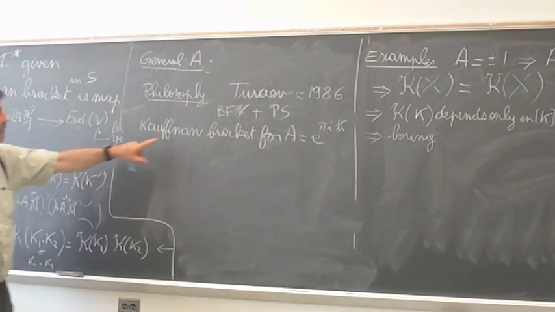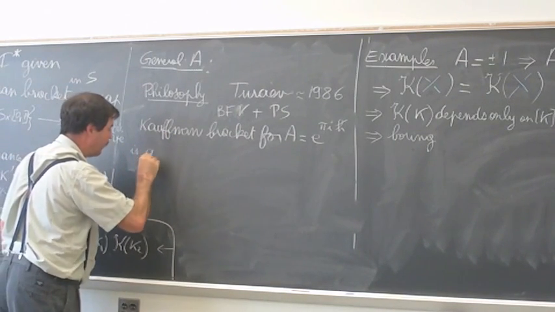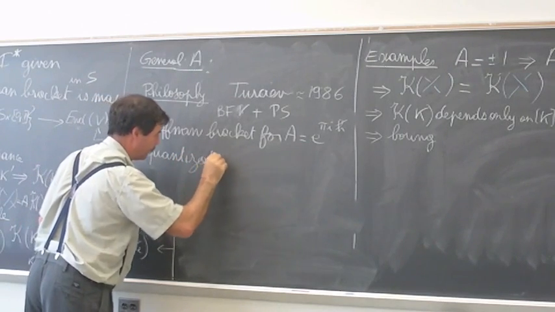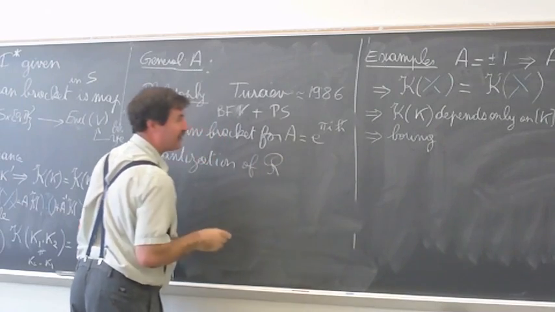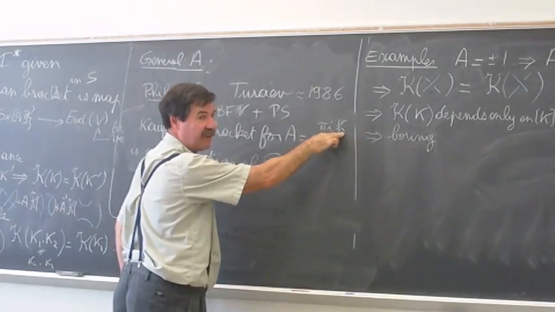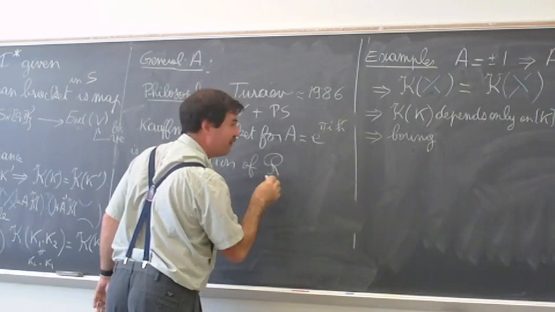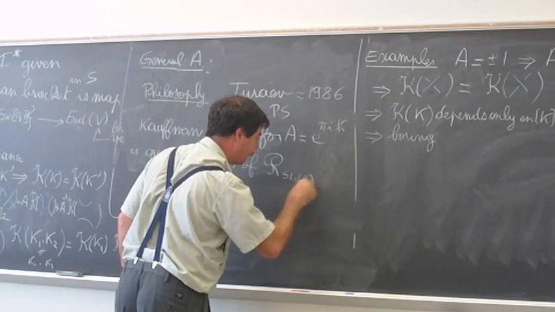Okay, so the Kauffman bracket for A is the same as a quantization of these two character varieties. When the Planck constant is actually 0, you get plus 1, and we can probably get the difference between plus 1 and minus 1.